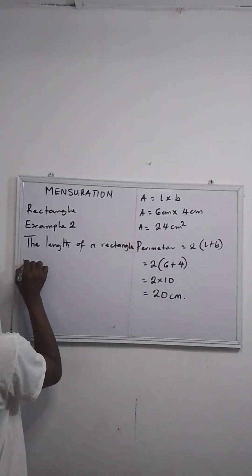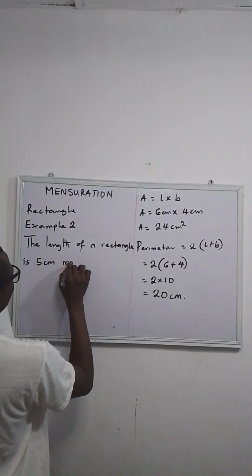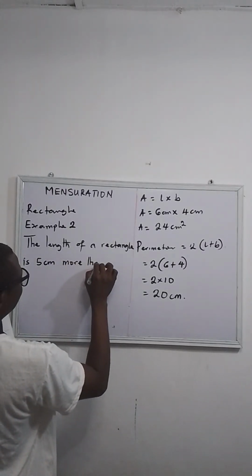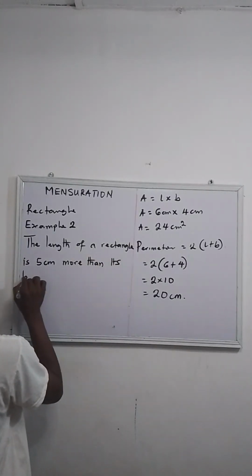The length of a rectangle is 5 centimeters more than its breadth.